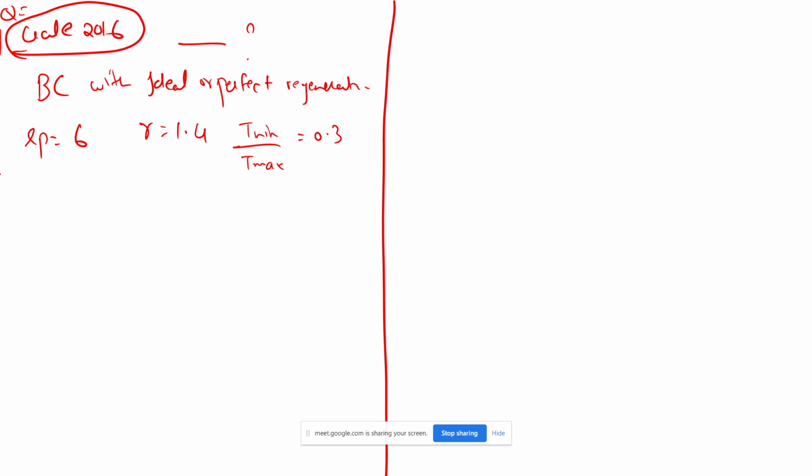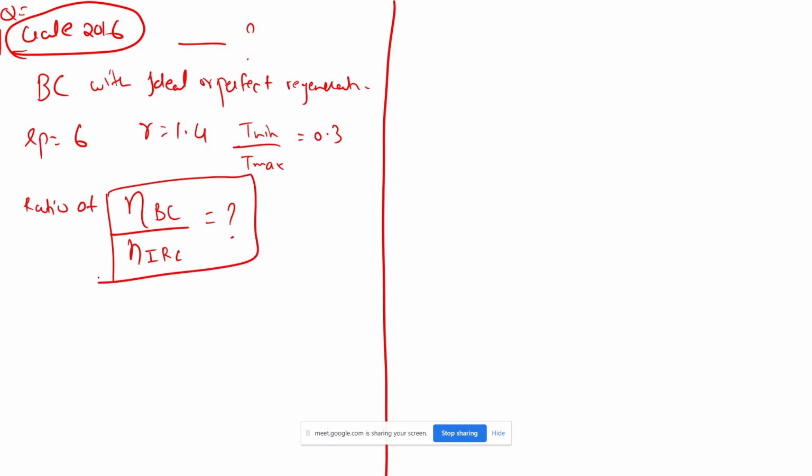They have asked the ratio of the thermal efficiency of a Brayton cycle to the ideal regeneration cycle. So can you calculate?